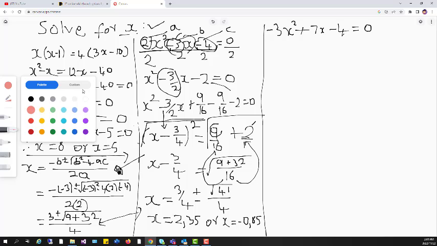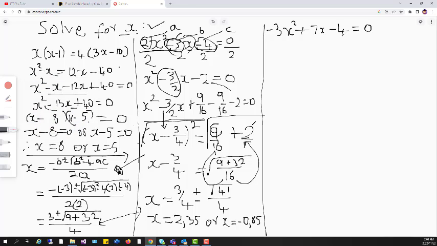You will see that going straight to the quadratic formula would be much quicker than completing the square. Your a will be the coefficient of x squared, your b the coefficient of x, and your c the constant. You just substitute into the formula, use a calculator, and get your x values.